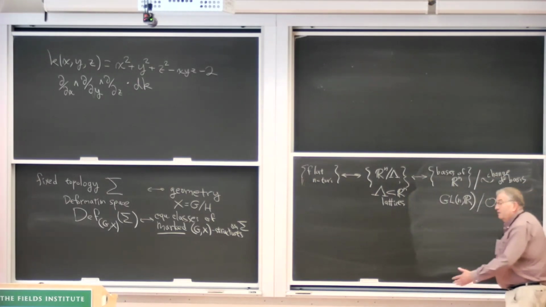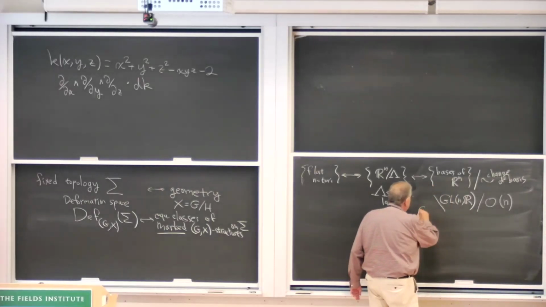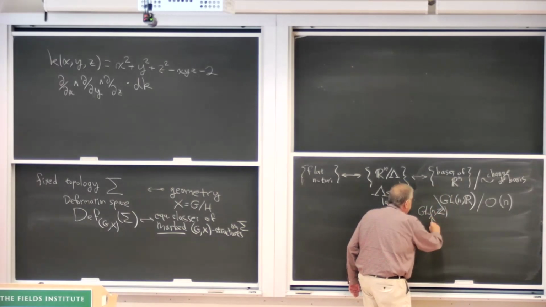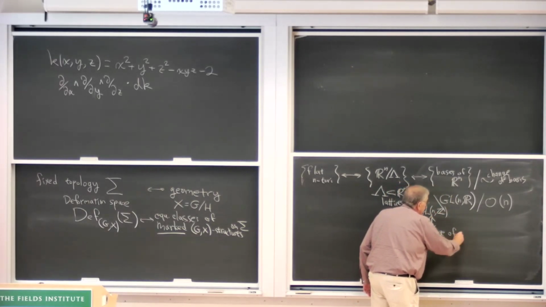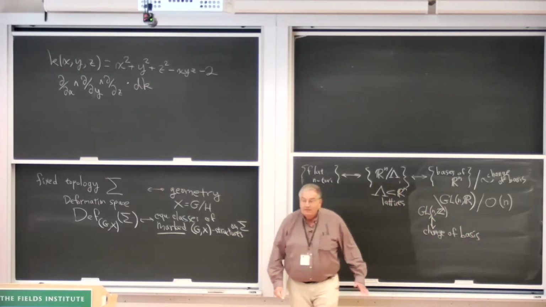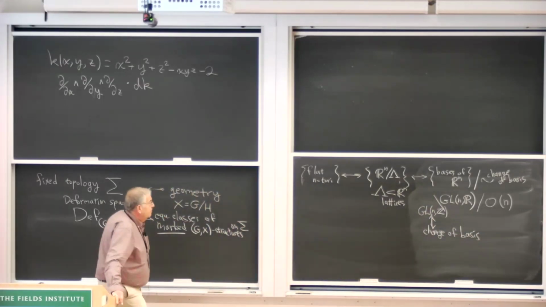So a marked lattice is a basis. And so that corresponds to the biquotient by GL_n(Z). That corresponds to the change of basis. Okay, well, that's nice. We have a space, and it has all kinds of interesting geometry on it itself.